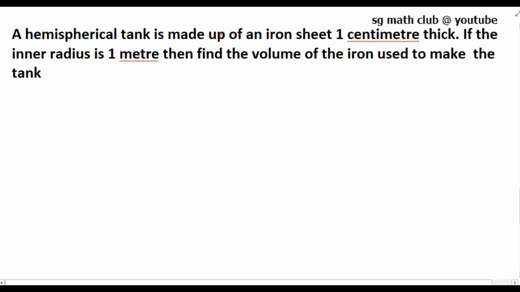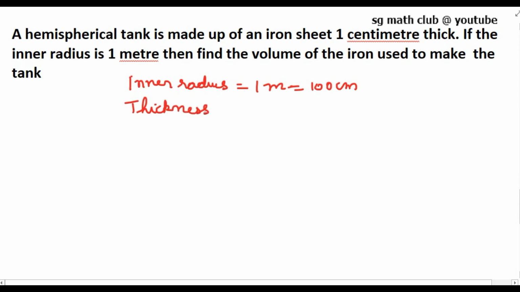Next question: a hemispherical tank is made up of an iron sheet 1 centimeter thick. Inner radius is 1 meter. We need to find the volume of the iron used to make the tank. The inner radius is 1 meter, that means it is 100 centimeter. Then the thickness is given as 1 centimeter.